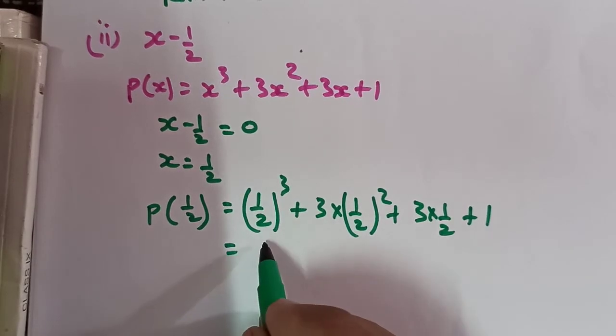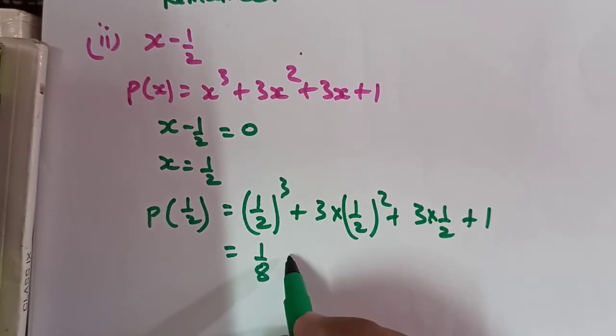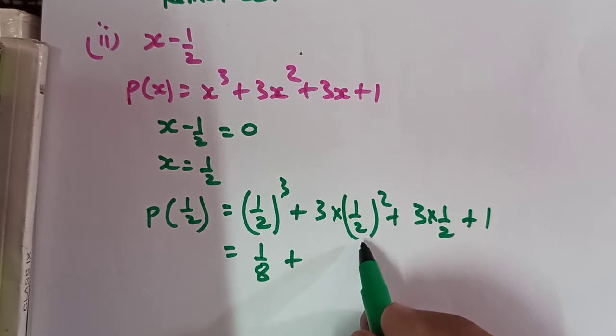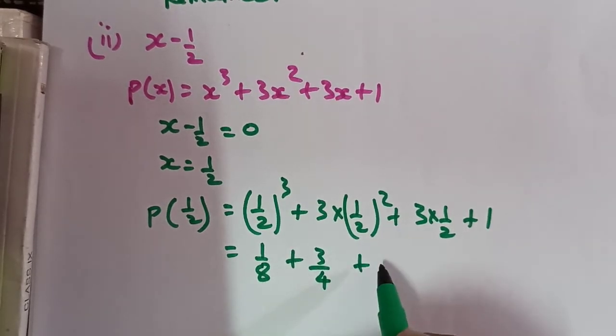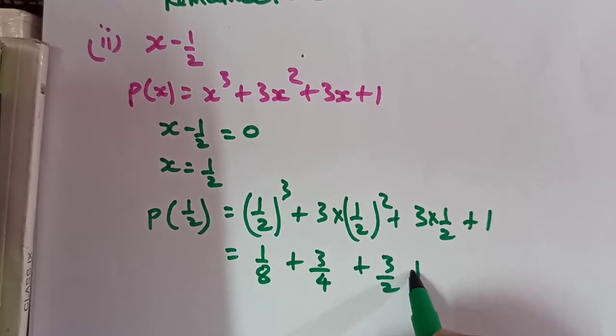So (1/2) whole cube will be 1 upon 8, plus (1/2) whole square will be 1 by 4, times 3 will be 3 by 4, plus 3 by 2, plus 1.